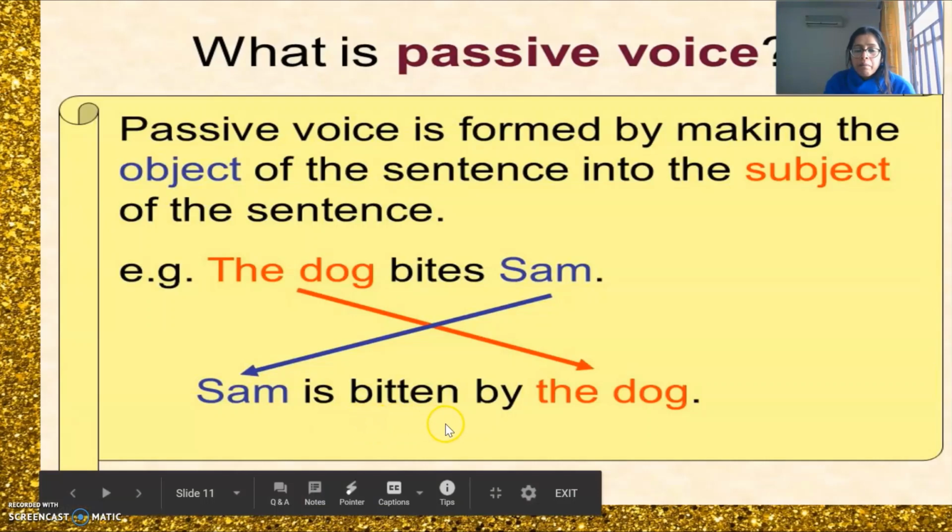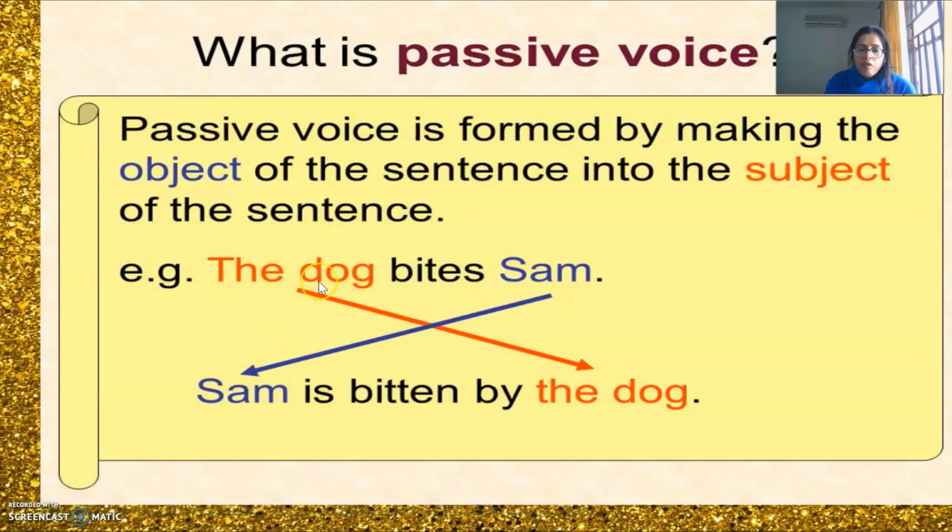Is bitten is the passive verb, Sam is the subject, but Sam is receiving the action. Sam is the receiver of the action, but here dog is the subject, and dog is the doer of the action. But since we are changing the sentence from active to passive, the places of subject and object are interchanged.